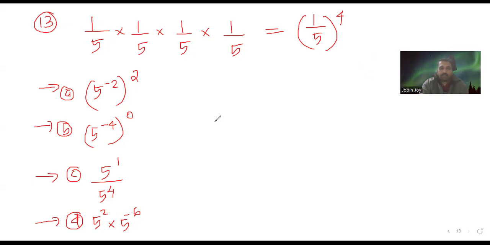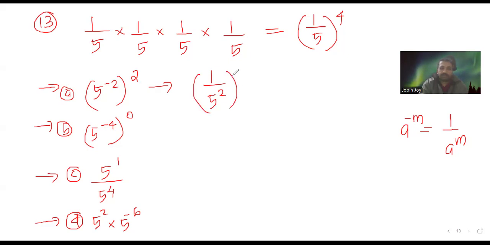So we will check the first option, 5 raised to minus 2. And we know that a raised to minus m is 1 by a raised to m. So this will be 1 by 5 raised to 2, the whole square.